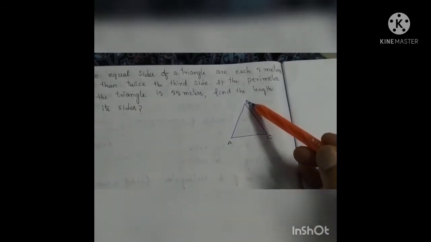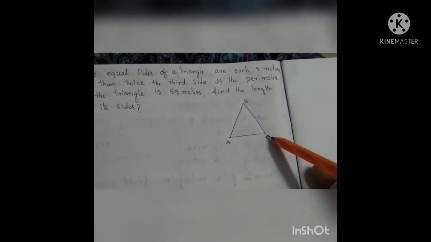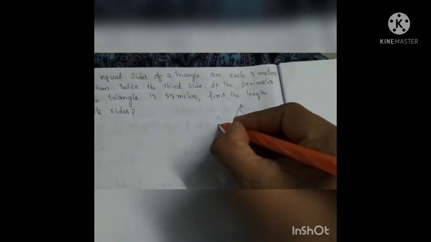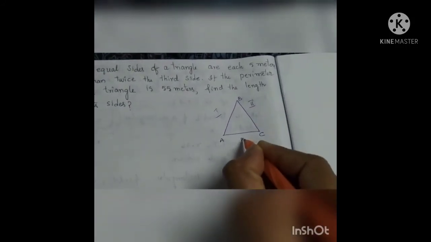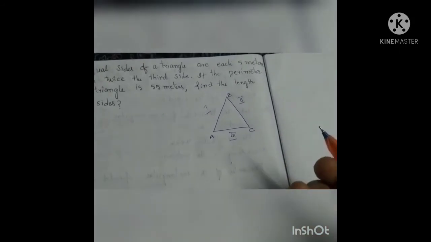So here observe that it is a triangle ABC. AB is the first side, BC is the second side and AC is the third side. Understand here? Okay.